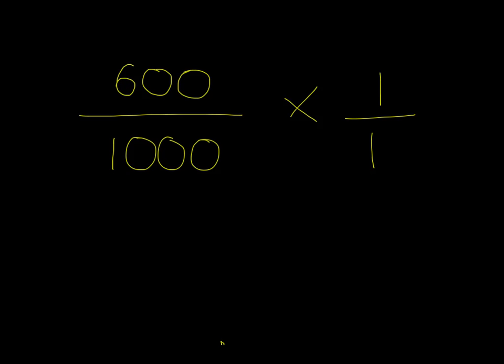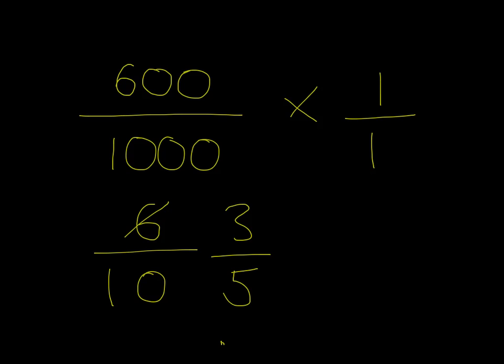We can see that 100 goes into both 600 and 1000, and 100 goes into 600 6 times and 1000 10 times. We have 2 even numbers there, so that means we can keep cancelling. 2 goes into 6 3 times, and into 10 5 times. So 3 over 5 is the simplest way of representing 600 over 1000.